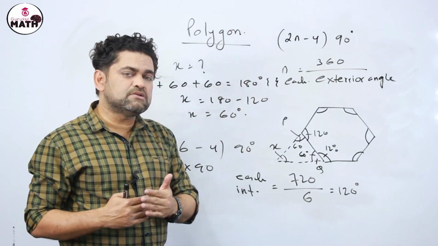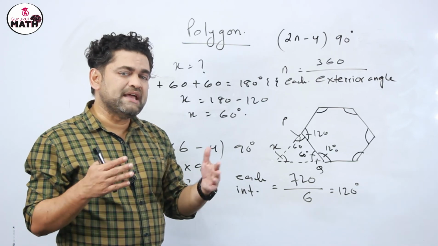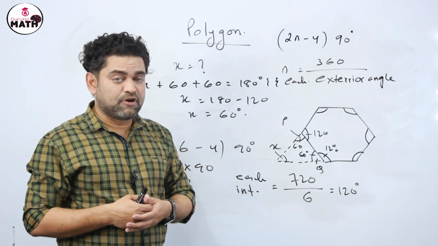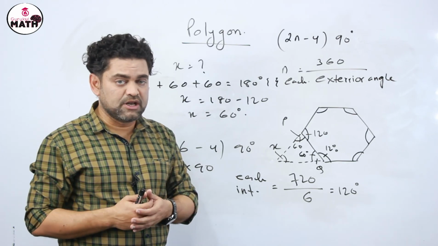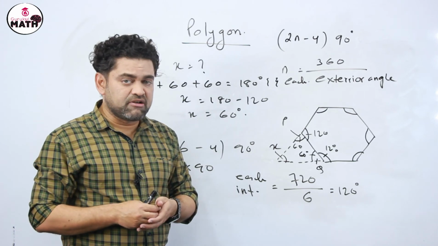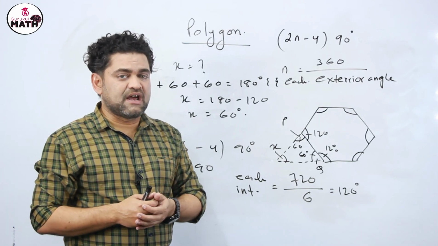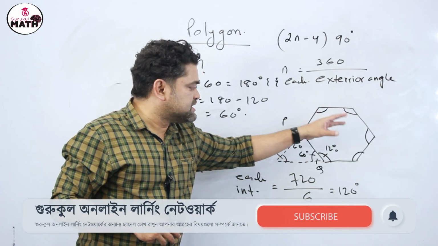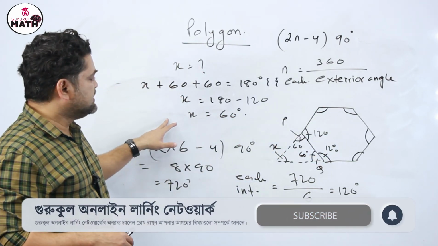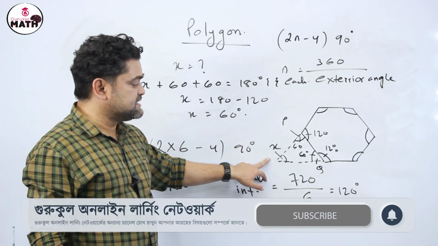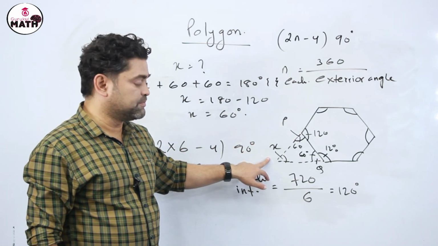Now you are coming to know many reasons: what the formula is to find the sum of the interior angles of a polygon, what the formula is to find each exterior angle, the sum of the angles of a triangle, and how much it forms. And another one is that x is equal to 60 degrees. We have found that here in solving this polygon problem.